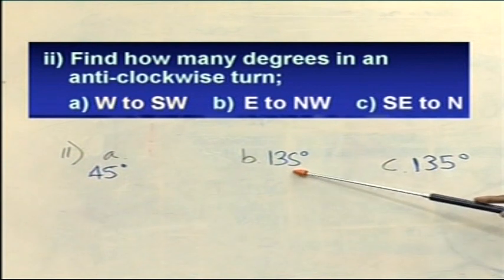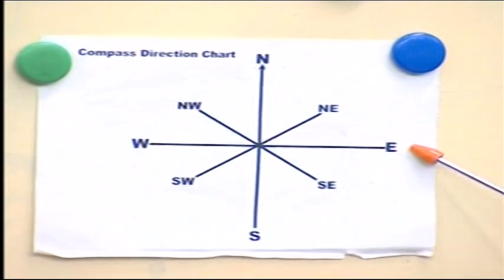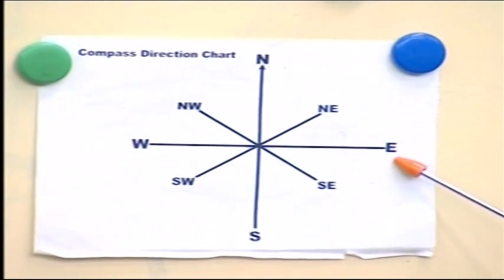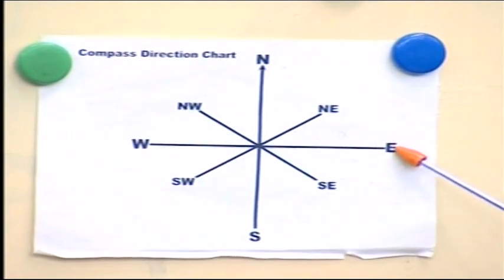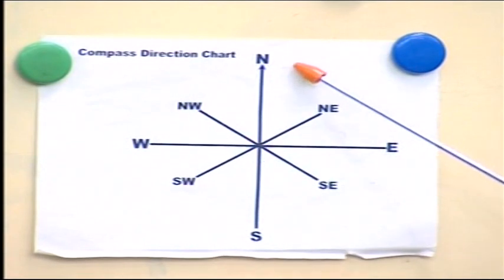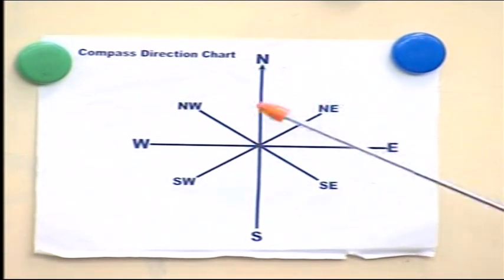B, east to northwest. Receiving students in 7, where is our starting point? East. We go what direction? Left or right? Left. Left is anti-clockwise. So left direction or anti-clockwise direction to what point?